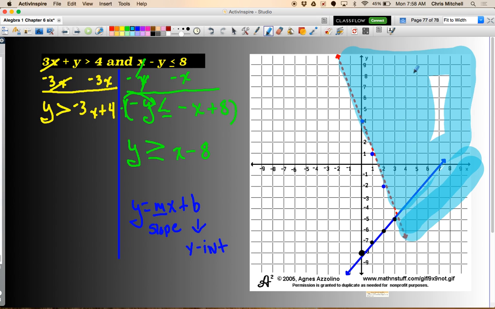And then y greater than or equal to x minus 8 is also going to be above. So all of this is going to be above the line.